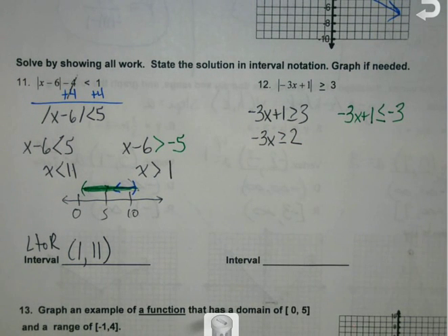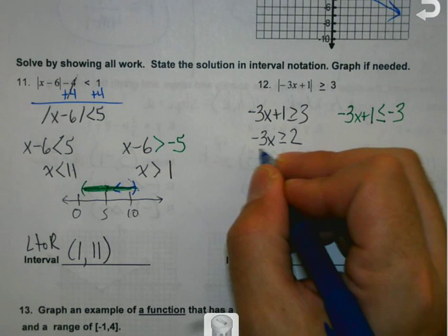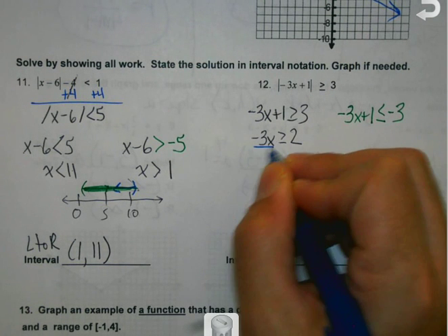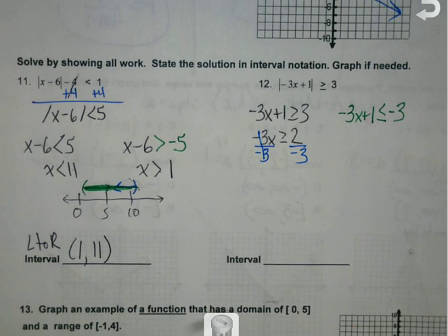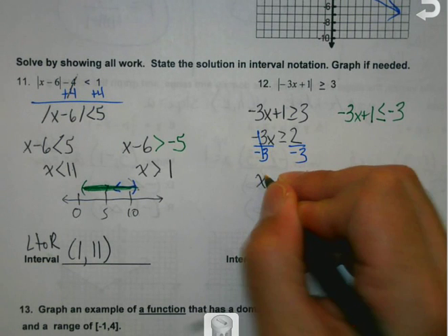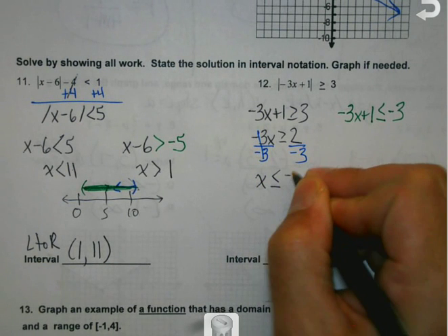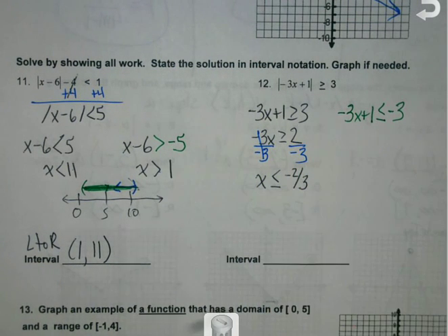Then comes the ultimate, am I paying attention? I got to divide both sides by -3 to get the x alone. What happens when I divide both sides by a negative with inequalities? Nice. Arrow switches. And if you wanted to go to the decimal here, like -0.66666, you can.